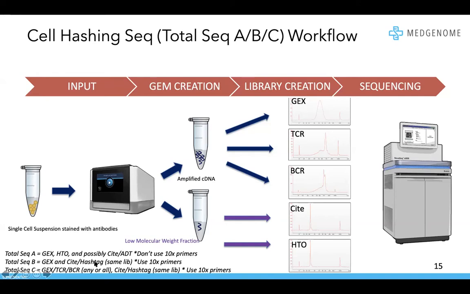Again, they just started making these hashtag antibodies for TotalSeq B and C, so you could also do hashtagging, but in this case, they'll be part of the same library. The same for TotalSeq C. TotalSeq A is the only one where you'll end up with two separate libraries because they have different PCR handles on the antibody oligo.